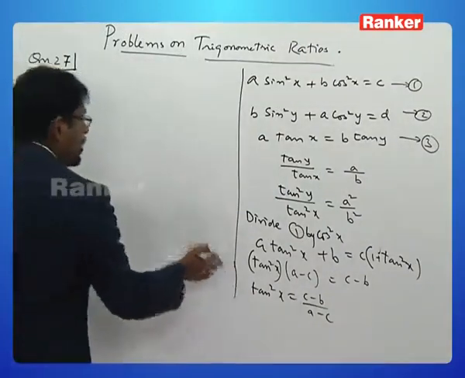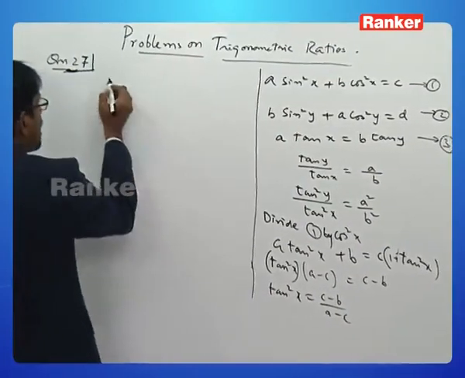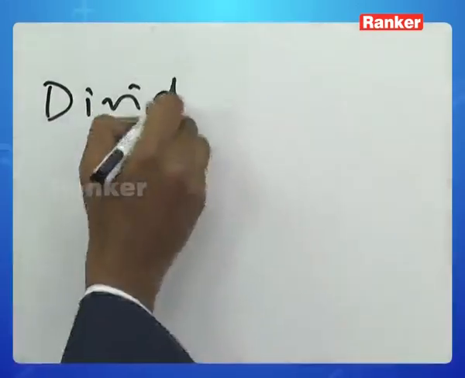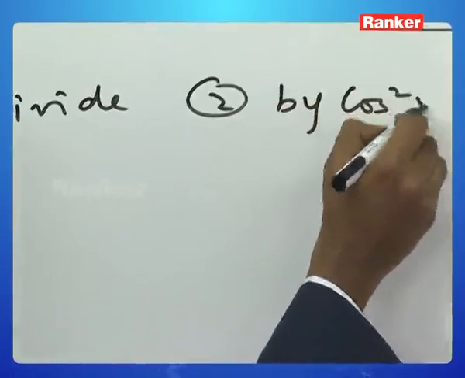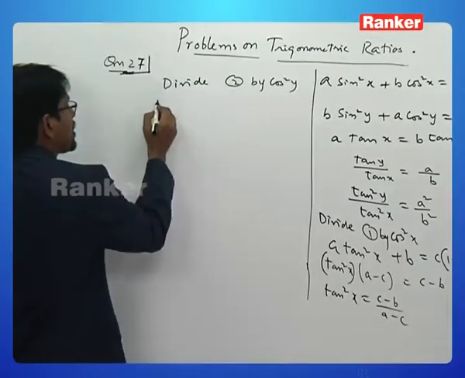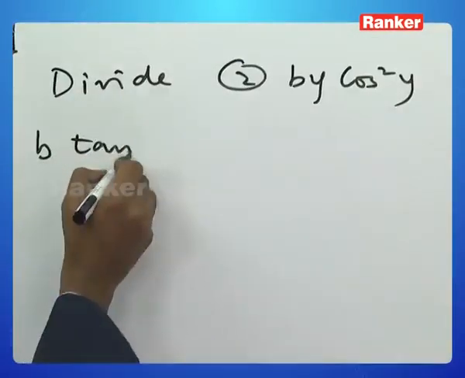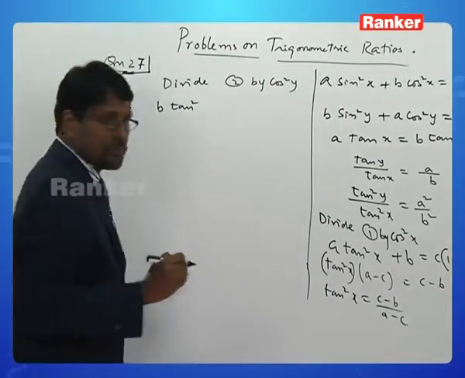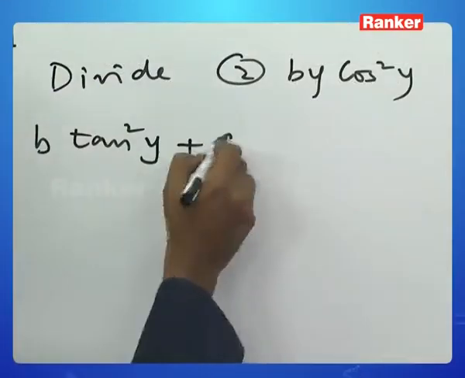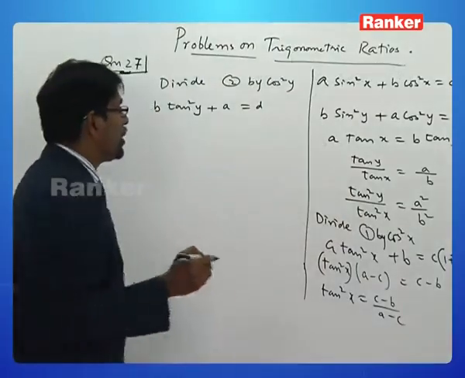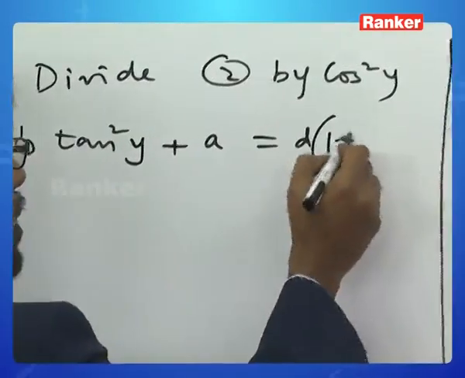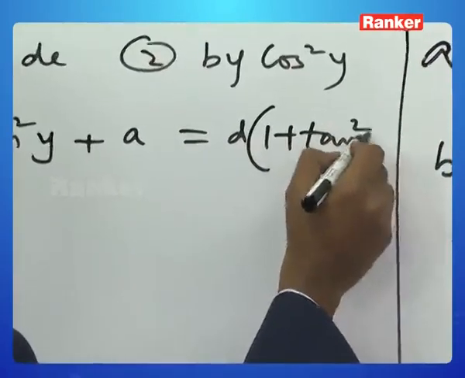Similarly, look at the second equation. Divide equation 2 by cos square y. Then what do you get? b tan square y plus a is equal to d by cos square y. That makes it d secant square y, d into 1 plus tan square y.